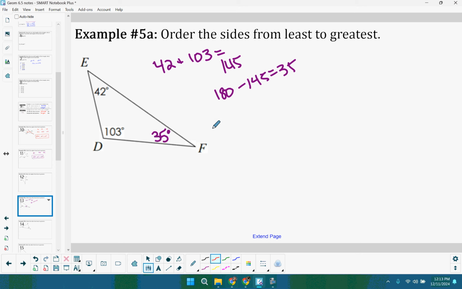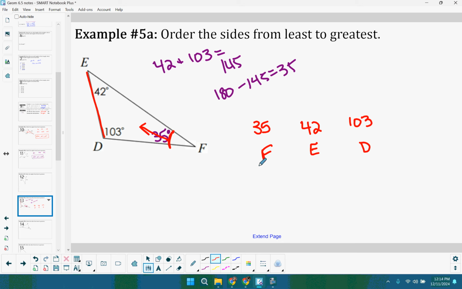So now the smallest angle, which was 35, was F. The next angle, which was 42, was E. And the biggest angle, which was 103, was D. We're still looking across. So across from this 35 was ED.